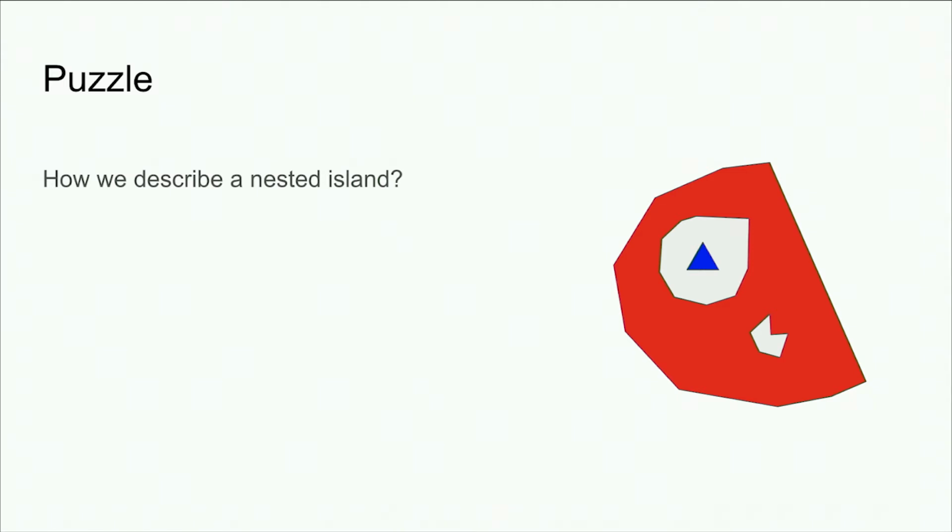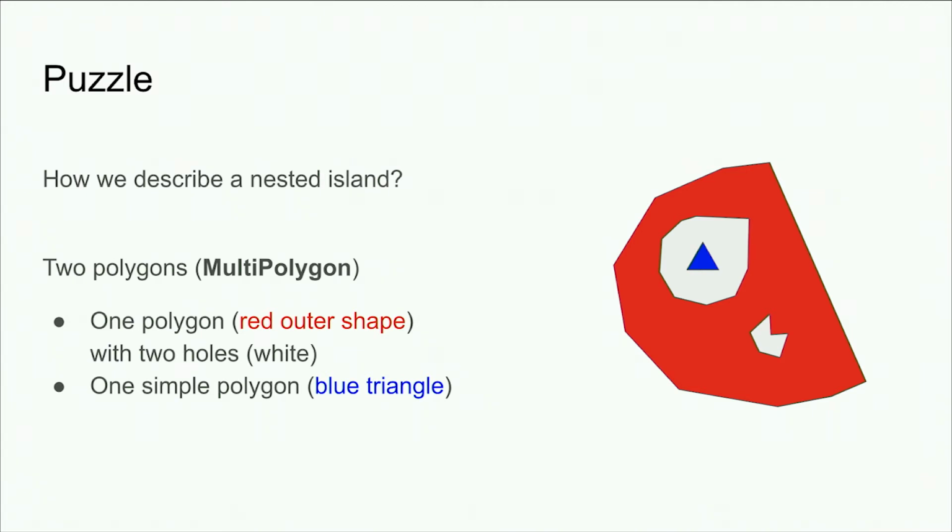What do we do when we have an island inside of a hole? Well, it's just a multi-polygon. So instead of describing it as a single polygon, we have to describe it as two polygons. One is red polygon with two holes, and one is a simple triangle polygon which just happened to lie within the hole of the first one.